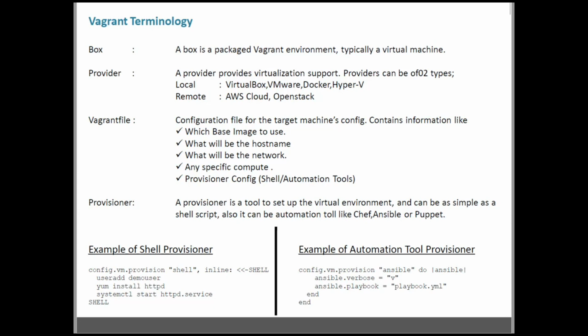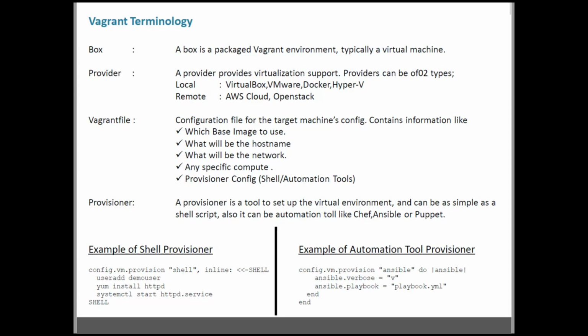Vagrantfile. As I mentioned, the Vagrantfile is the heart. Basically, all the configuration is saved in the Vagrantfile. So what kind of configuration is saved there? Which base image or which box to be used, what the host name of the target machine will be, which particular network to be used, and any specific compute requirement.